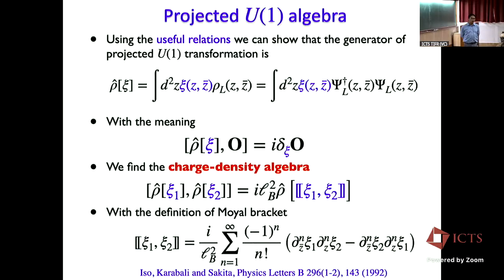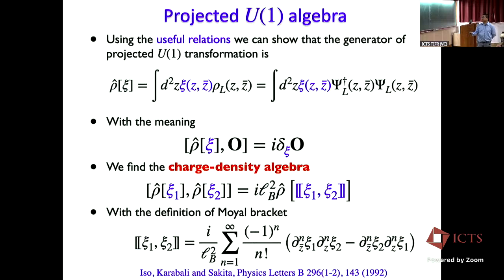In the same way, when you consider the usual EM, the density operator is also the operator that generates the local U1 transformation for the fermion field.